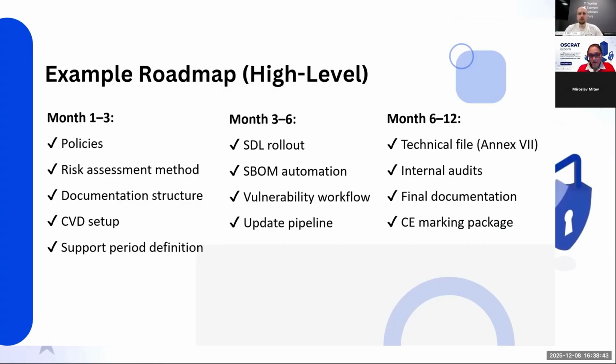Unlike many other frameworks, the CRA does not contain optional or recommended controls. All core elements like SDL, software bills of material, vulnerability handling, secure updates, reporting, and technical documentation are mandatory.